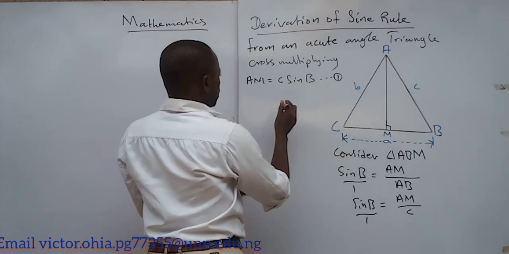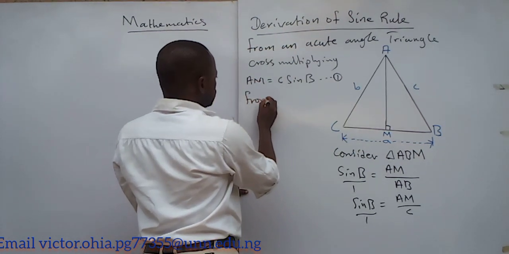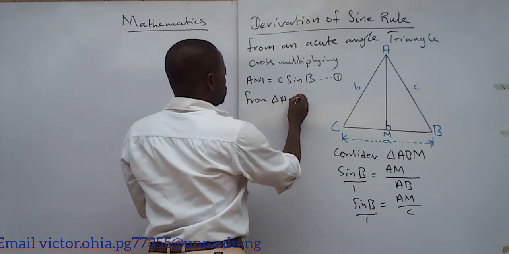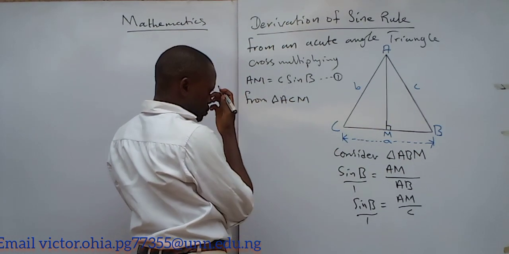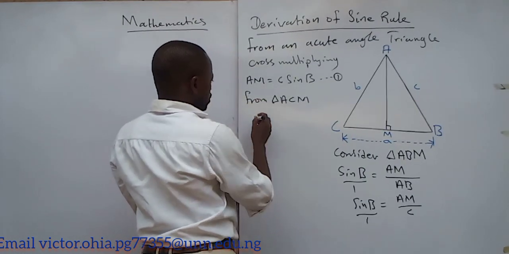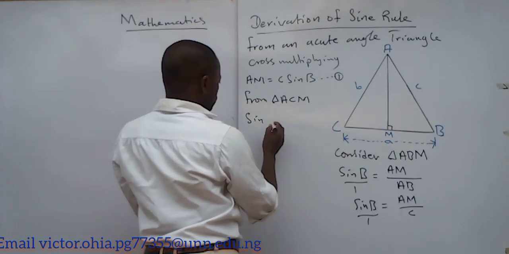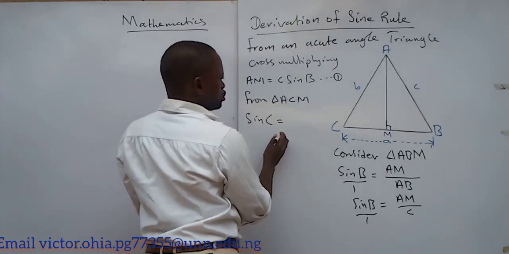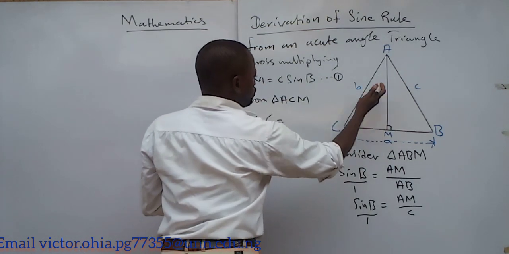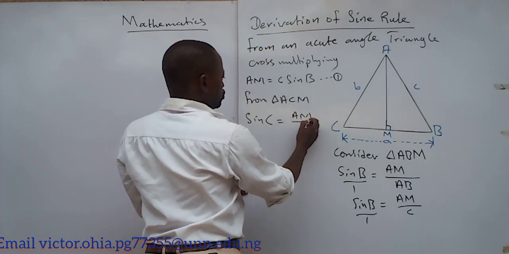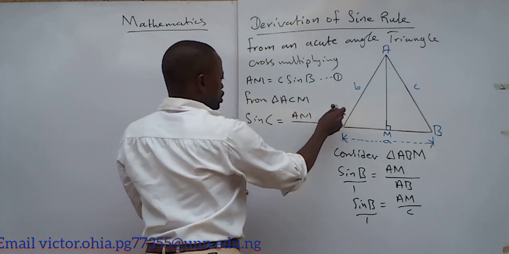Then I'll come over here and say from triangle ACM, I will also say that sine of this capital C, this angle here, sine C is equal to opposite over hypotenuse, which is AM over the hypotenuse, which is AC.